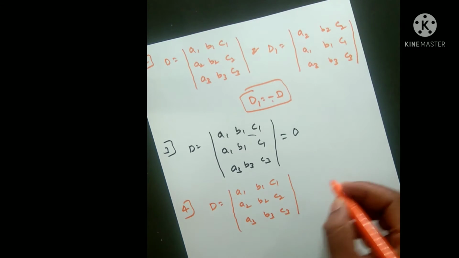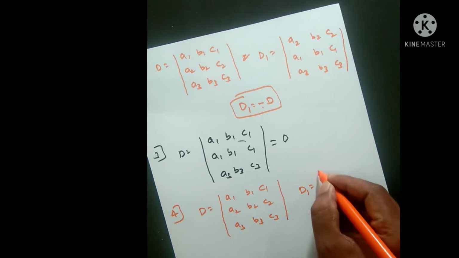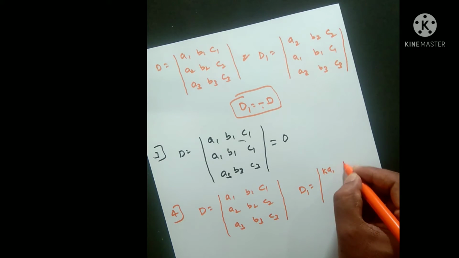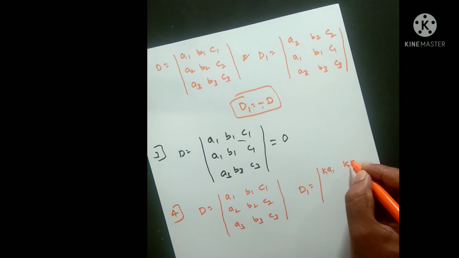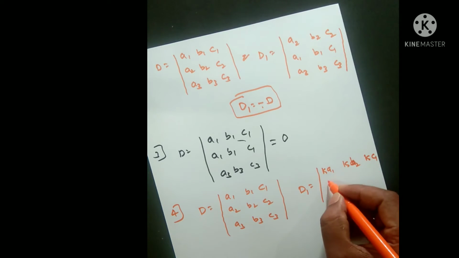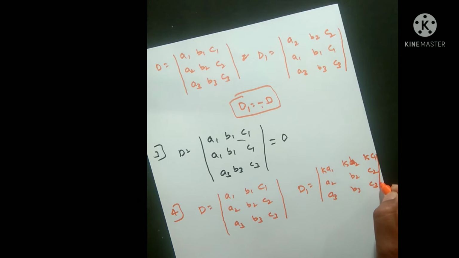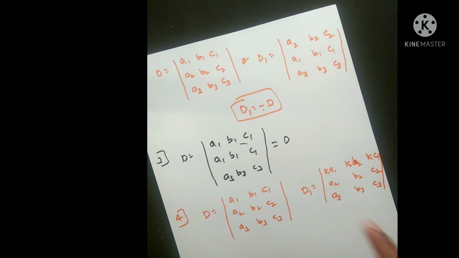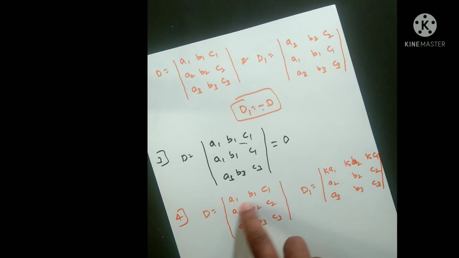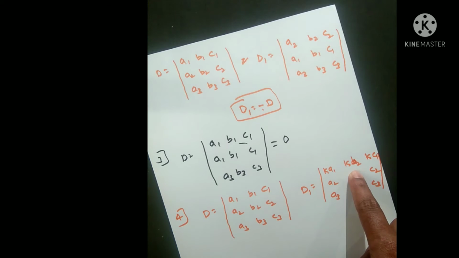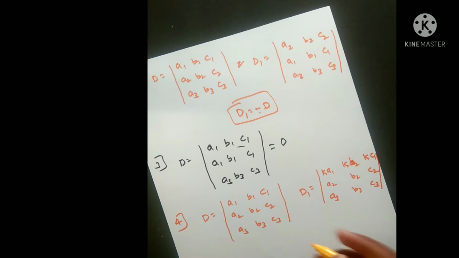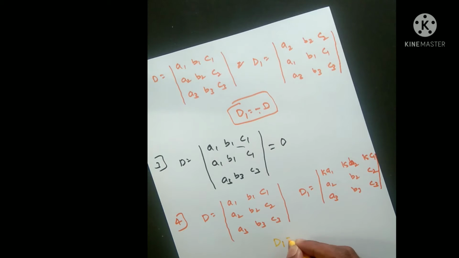Now I multiply the first row by the constant K, giving KA1, KB1, KC1, A2, B2, C2, A3, B3, C3. Then the resultant value of the determinant is K times D.